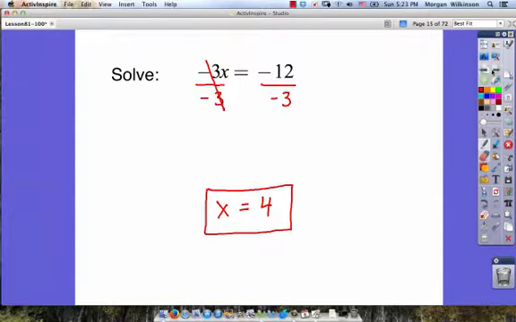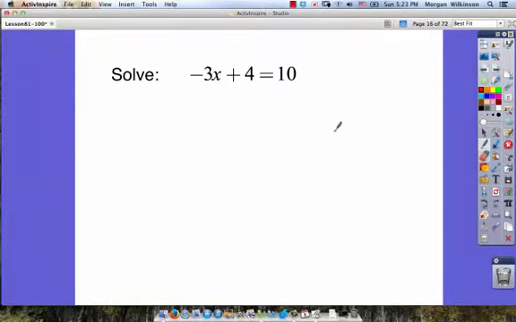Let's look at one more example. Here we're going to do the same thing. We have negative 3x plus 4 is equal to 10. Solve means figure out the value of x that must make this equation true. So we need to undo the addition of 4 by subtracting 4. That will leave us with negative 3x plus 0 is equal to 10 minus 4, that's 6.